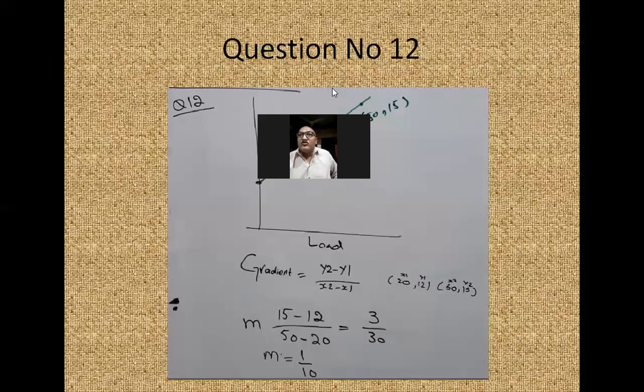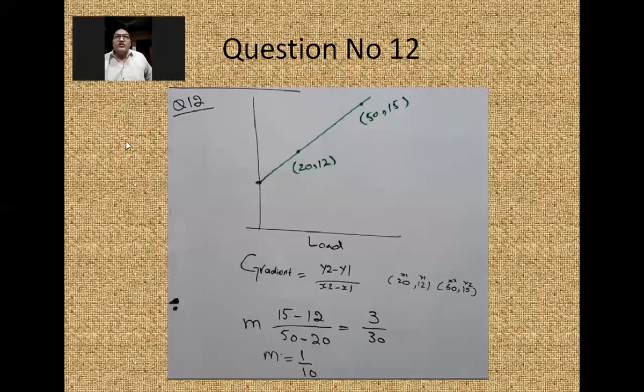We are talking about question number 12. The question is coming up on your screen. Let me read it from the book. It says, a spring is suspended freely. When a mass of 20 grams is attached to the spring, it has a length of 12 centimeter. When a mass of 50 grams is attached to the spring, it has a length of 15 centimeter.